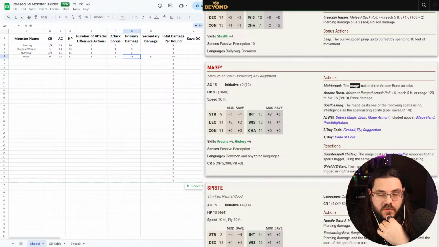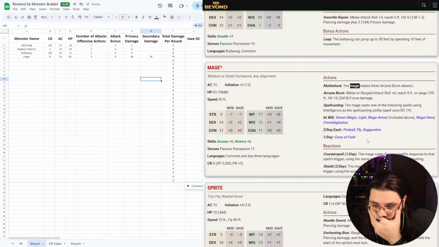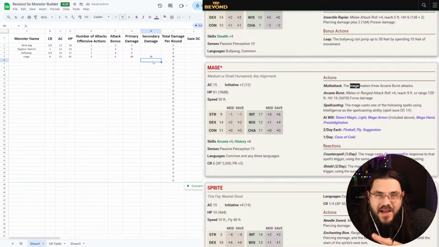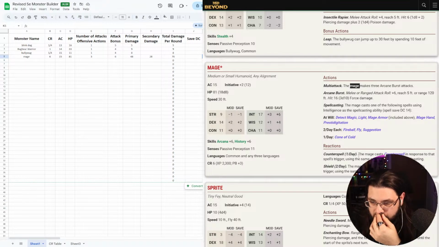So instead we'll go, it can do fireball twice, so it's going to do a couple fireballs. So we'll do 16 times 2 and assume that it's going to do like 32-ish. Or 28. Screw it. Its damage output is going to be something like that. It can counterspell, it can shield.